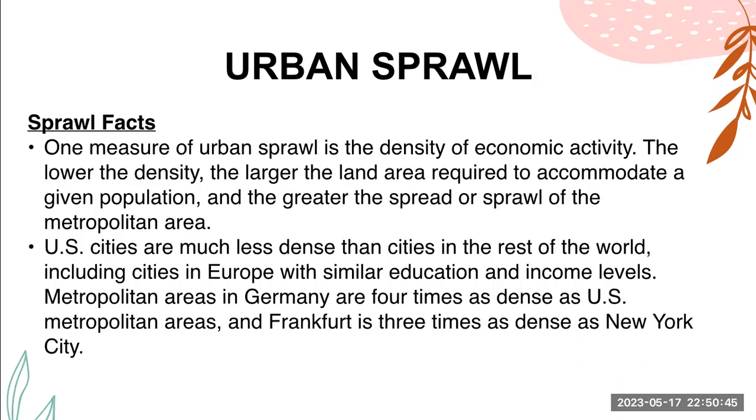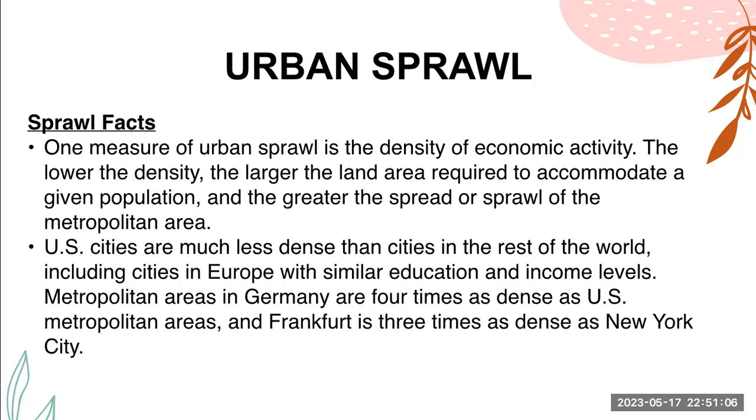Some sprawl facts. One measure of urban sprawl is the density of economic activity. The lower the density, the larger the land area required to accommodate a given population, and the greater the spread or sprawl of the metropolitan area.